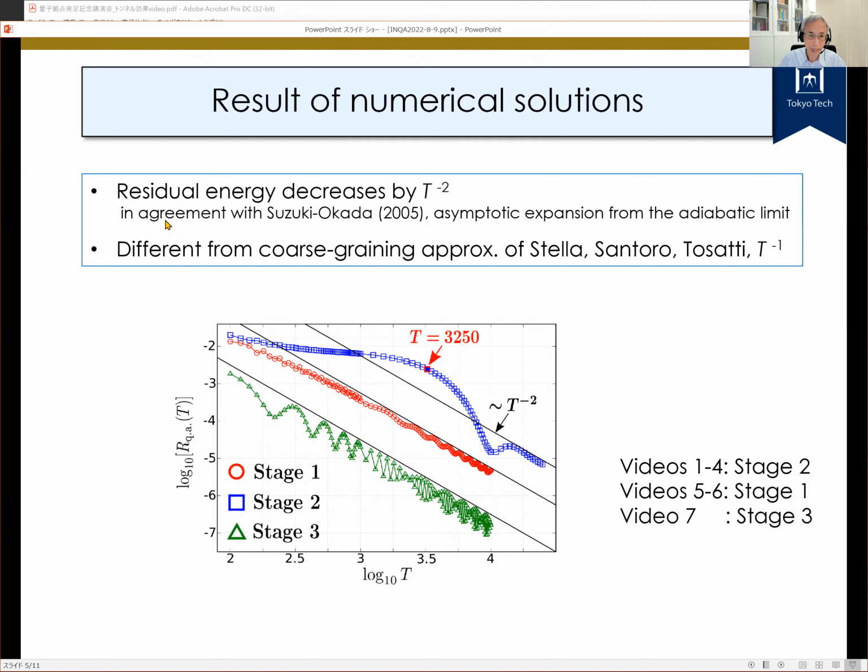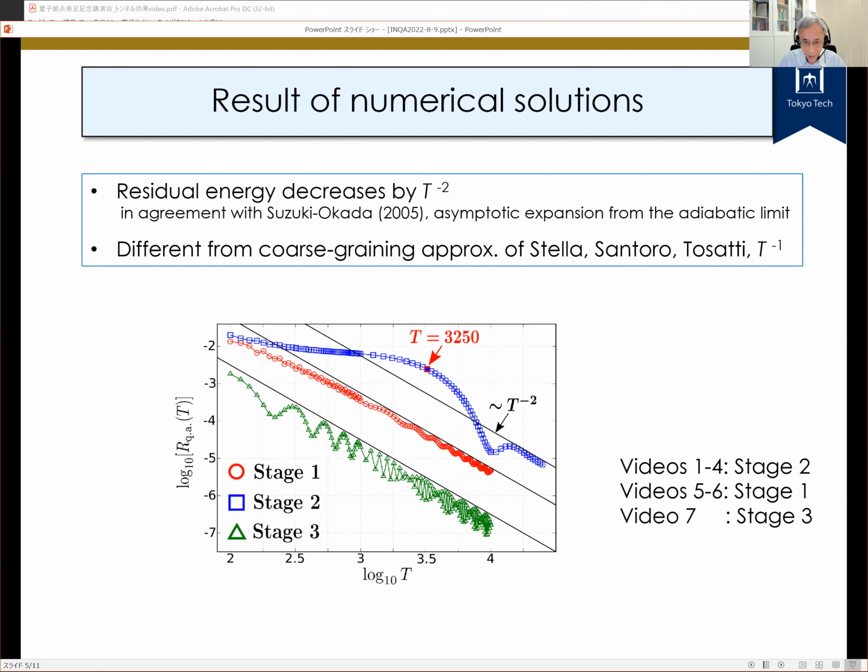So this is in agreement with the theory of Suzuki and Okada, who employed an asymptotic expansion from the adiabatic limit. This is, however, different from the coarse graining approximation of Stella and Santoro, who predicted that the residual energy would decrease as T inverse.